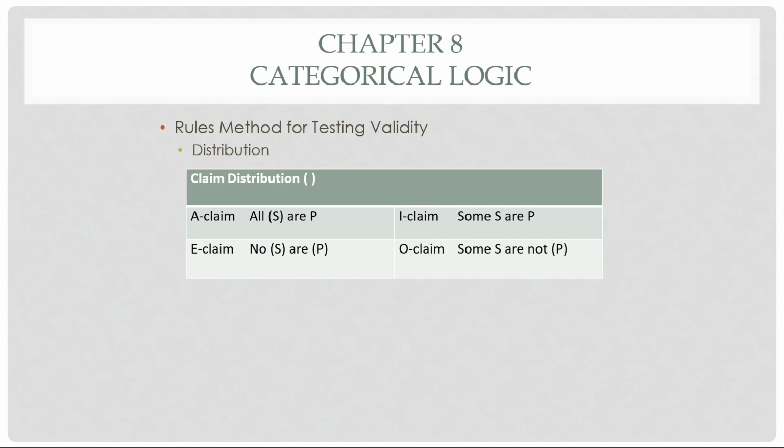Even more informally, the idea is that in a claim, a term is distributed if that claim says something about every member of that class, everything in that group.